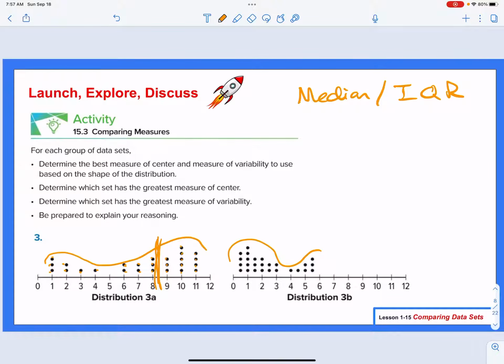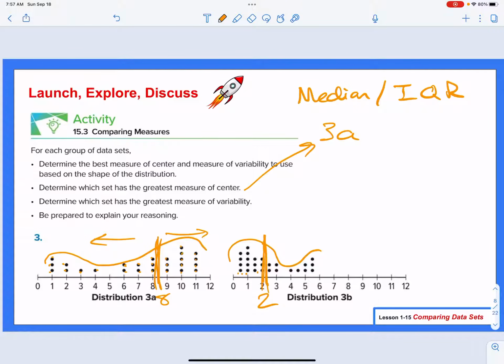So if I take about 13, it's about 4, 5, 15, somewhere about here maybe, not quite sure. This is estimating the median. So based upon that estimate of where half the dots are on one side and half on the other side, this one's somewhere around 8 and this one's somewhere around 2. So we'd probably go with 3A has the greatest measure of center.